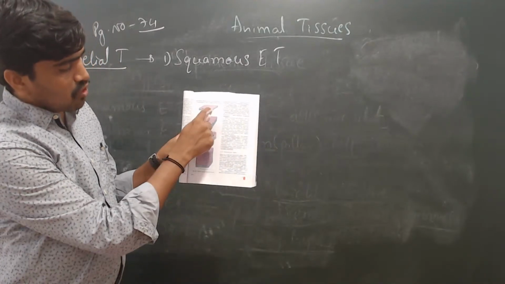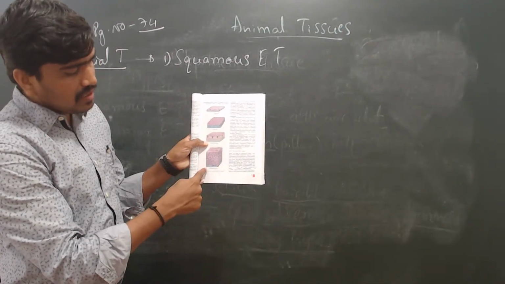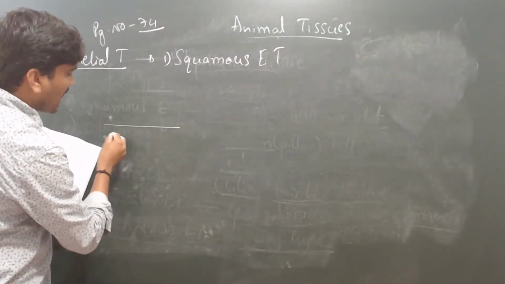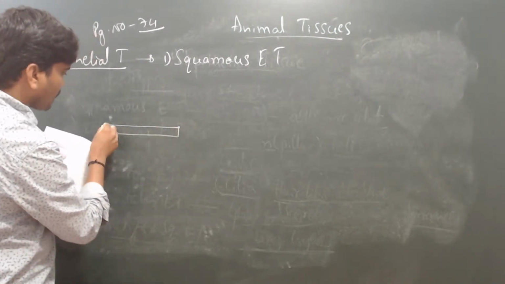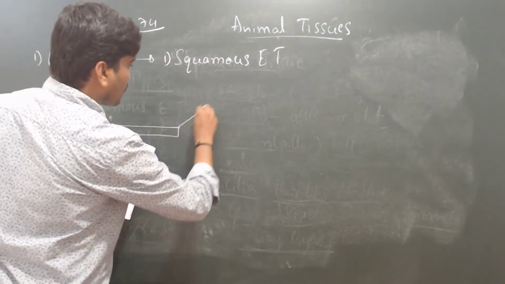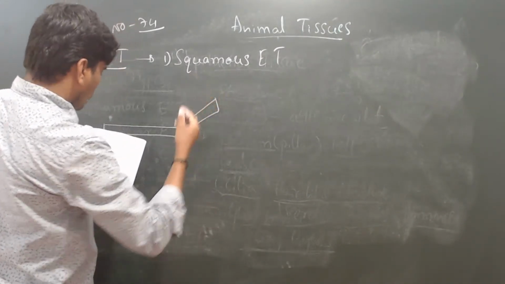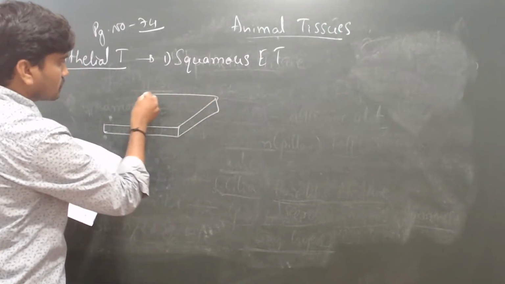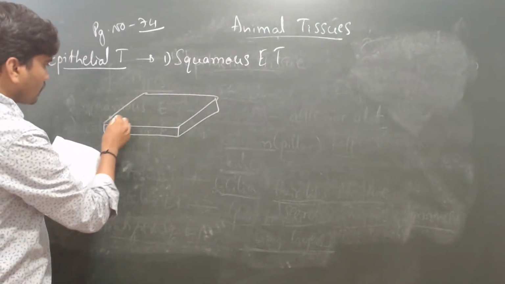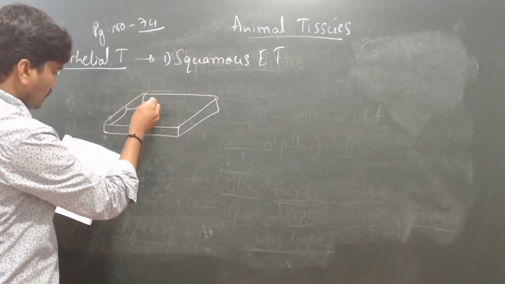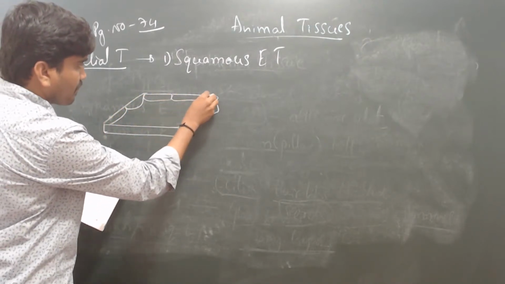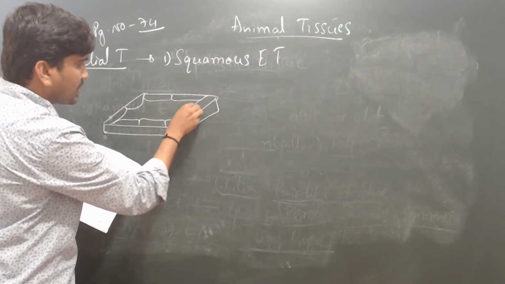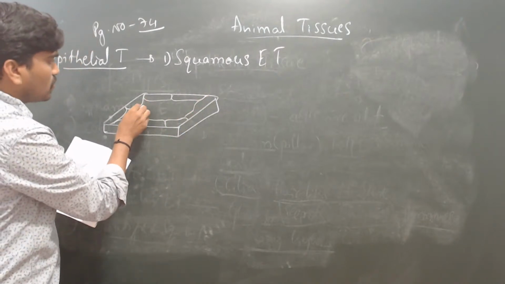Here four are there: squamous, cuboidal, columnar, stratified. Squamous means the structure is flat, like this. Flat in structure.